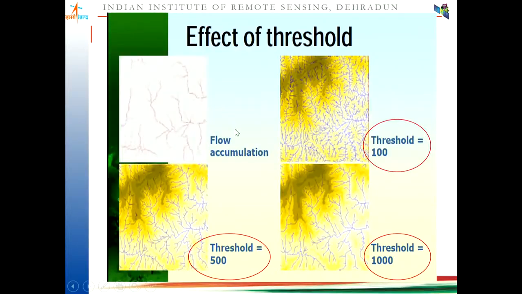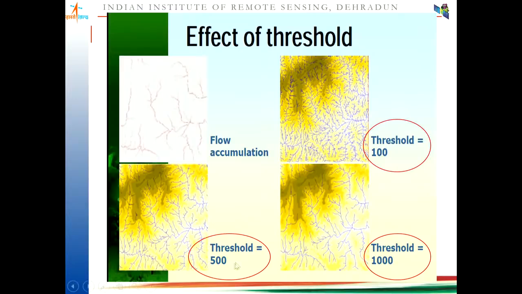About the threshold value: suppose we have generated the flow accumulation map, zoomed in on this part, and you are getting a lot of drainage lines. If you put the threshold at 100 and then at 1000, you see fewer drains. Setting 1000 means extract only those pixels that receive runoff from 1000 pixels.